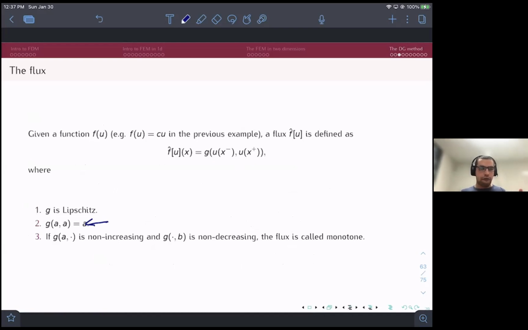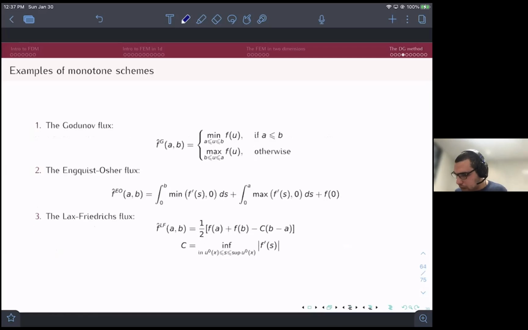In other words, if the function is continuous at that point, the flux is nothing more than the value of the function there. And also, if it's not increasing in the second component and not decreasing in the first component, we call this a monotone flux. And a monotone flux would be stable in a certain sense. There are a variety of fluxes, like the Godunov flux, the Engquist-Osher flux, and the famous Lax-Friedrichs flux. As it turns out, for the linear case that we were talking about, all of these will be the same thing.